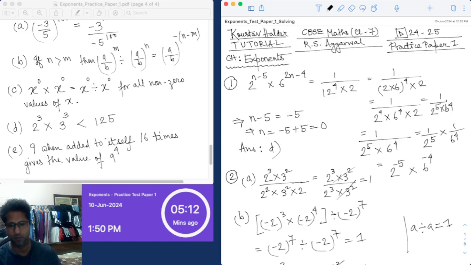Every now and then you should practice giving this kind of tests in a certain duration, 30 minutes or an hour, so that you improve your skill of applying concepts to solve a problem quickly. I will possibly prepare another 2 sets of practice papers, 2 and 3, on the chapter exponents. That will bring an end to the chapter exponents, and then I will move on to the chapter algebraic expressions. Thanks for watching, and until the next video, take care and bye.